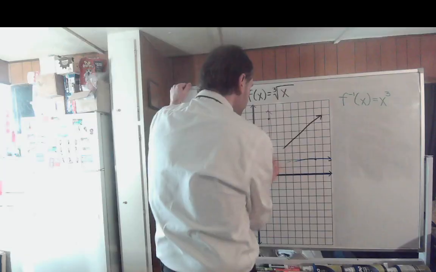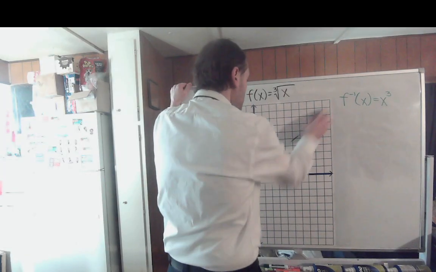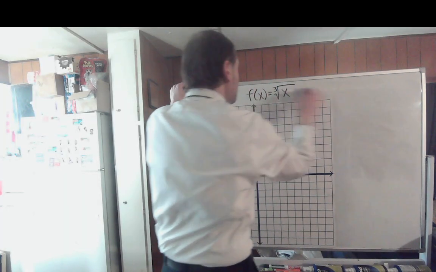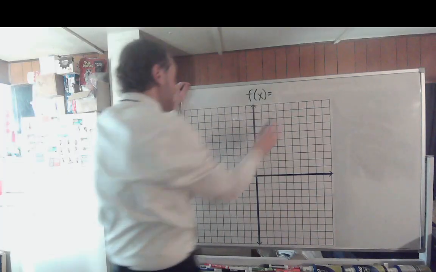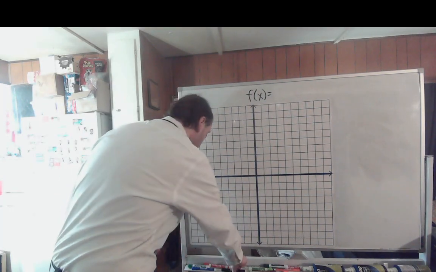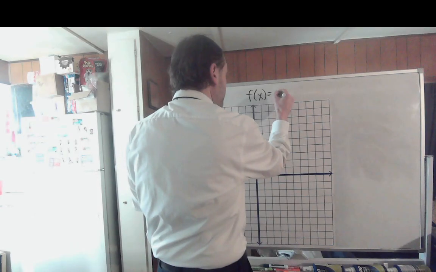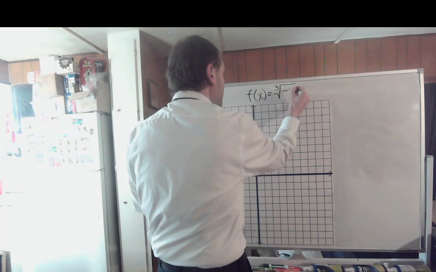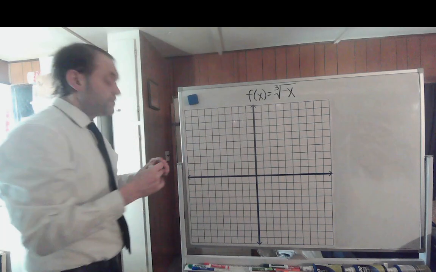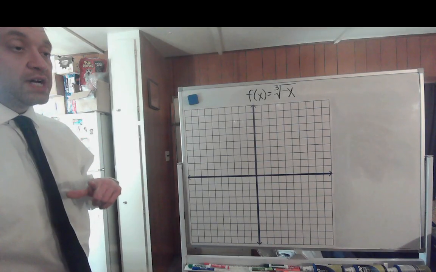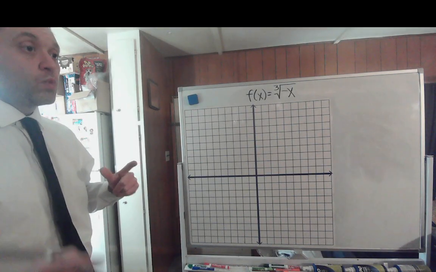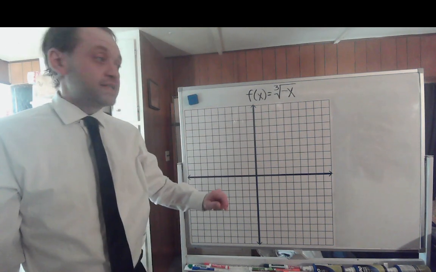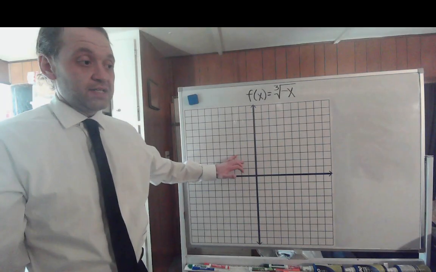All right, let's talk about a reflection here. So let's say this time I'm going to do f of x equals the cube root of negative x. Well, when it was the square root of negative x, that reflected it in the y-axis, right?